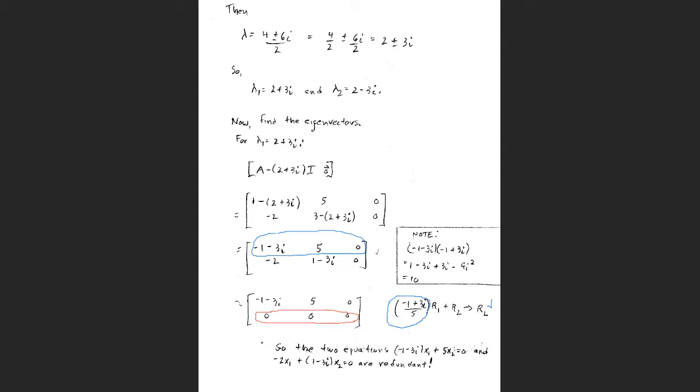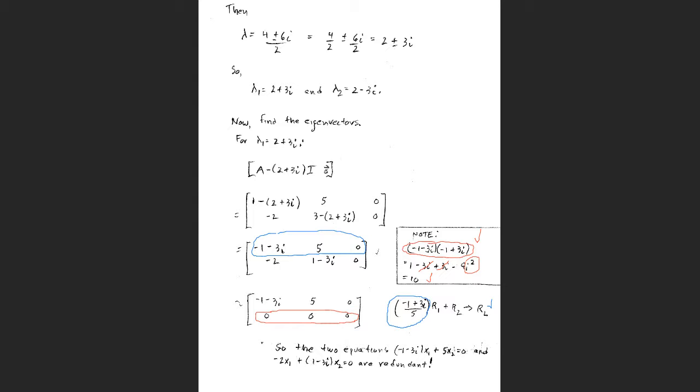Now, one way to help you see this is if you take -1 minus 3i and multiply it by -1 plus 3i, that's going to equal 10. Because if I FOIL this, the -3i and the +3i cancel out. And what class is i squared equal to in complex? That's right, Benjamin, -1.